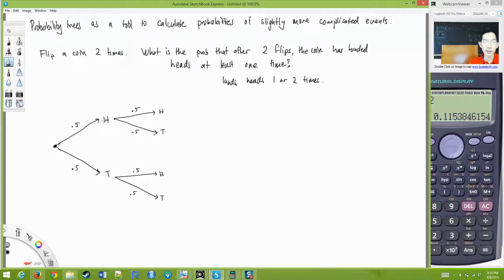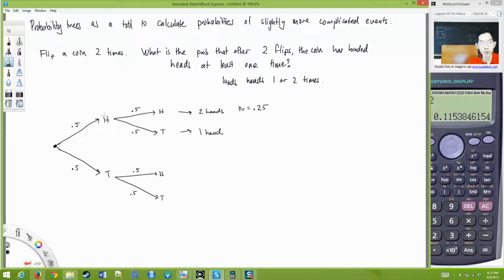So if I go down this branch and this branch, then the final outcome, how many times did I see heads? 2 heads. And the probability of that happening is I do 0.5 times 0.5. The probability is equal to 0.25. Here I have seen 1 head.